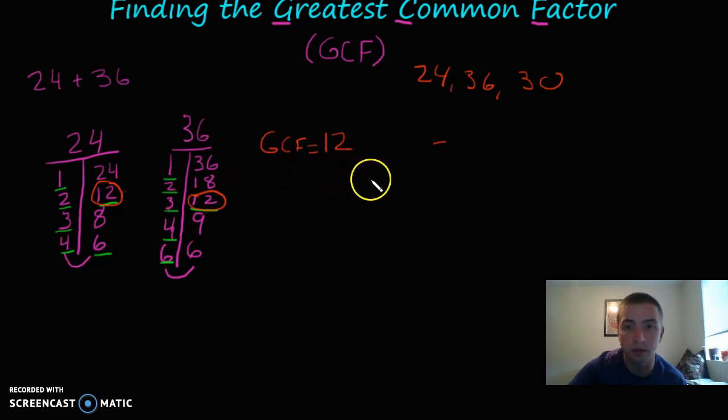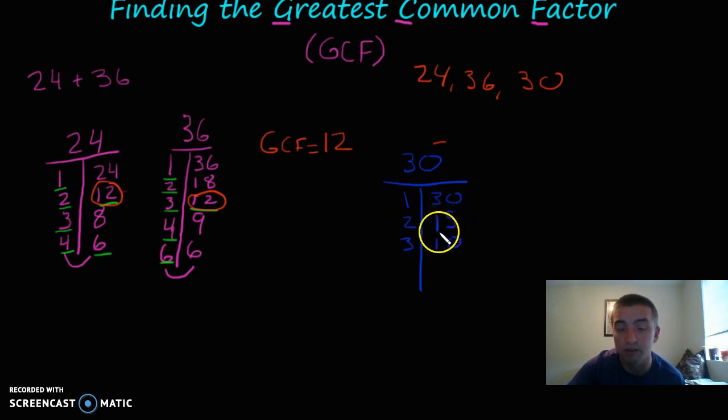Okay, so 30 was 1 and 30. I know that 2 works because 30 is even. I know that 3 works, 3 times 10. 4 does not work because 15 is not even. 5 works, I know 5 times 6. So 6 is my next number, so I have them all.